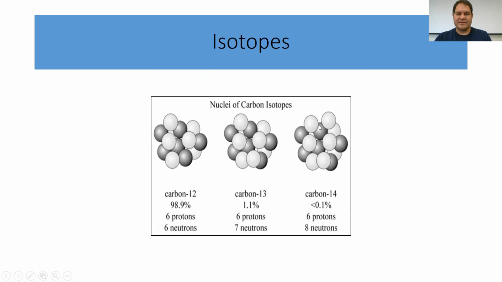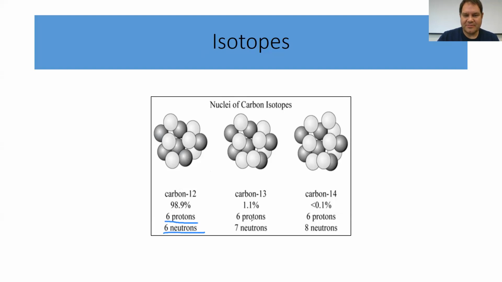All right, so let's look at some isotopes of carbon. From this diagram, all we're looking at is the nuclei of carbon. The electrons are not represented. So we have one isotope of carbon here that has, of course, 6 protons in it, but it has 6 neutrons.